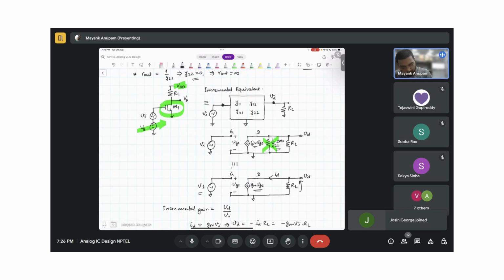If the sinusoid is moving in this direction like this here, at the output the sinusoid is going to be in this direction. Got it? That is the meaning of negative gain. Good. So this point is understood.